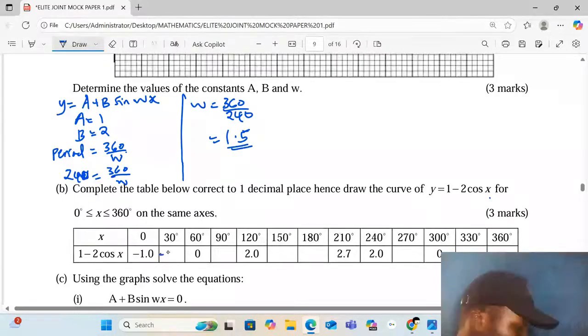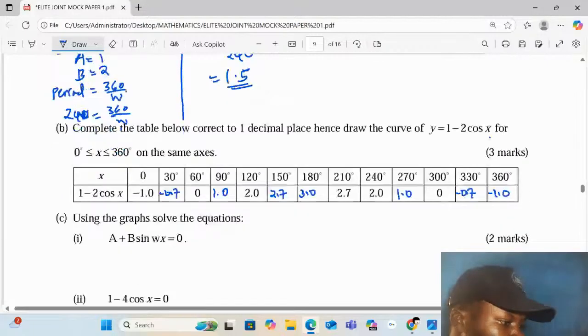Same to 30, negative 0.7. Then 90, we will get 1.0. Then 180, 3.0. You are going to get 2.7, 2.0, 1.0, negative 0.7, negative 1.0. So that is how we fill the table.